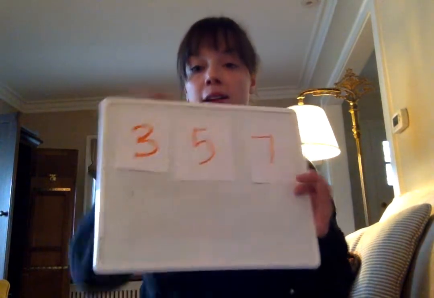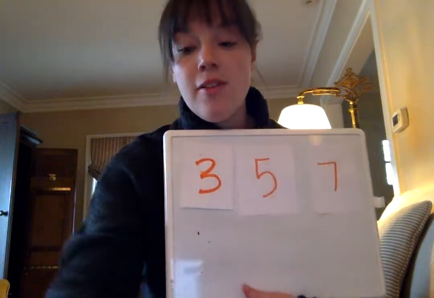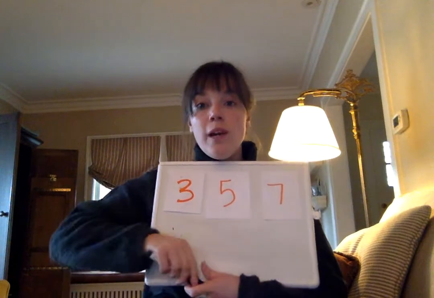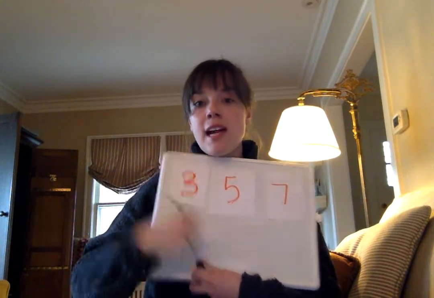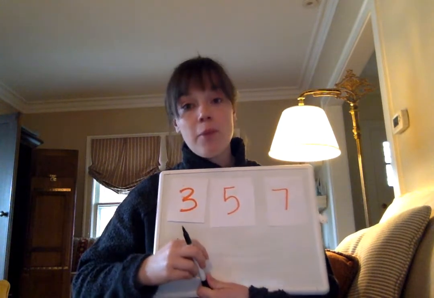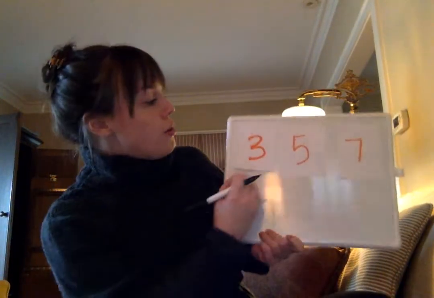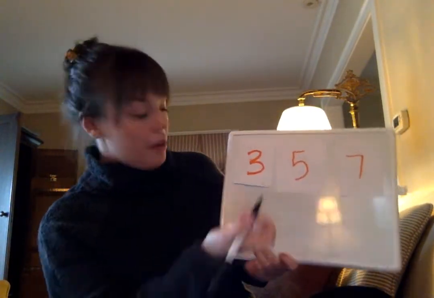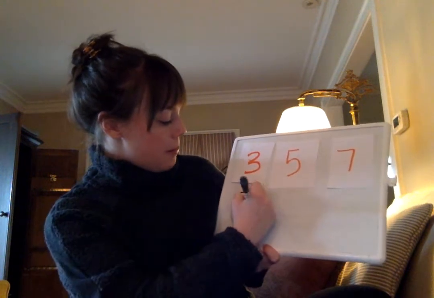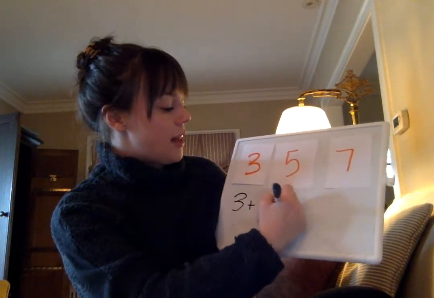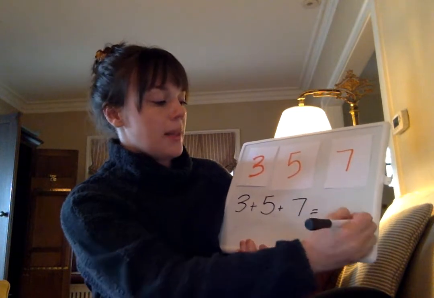So now I have my 3 parts of this problem, and we just listened to the language in the problem and decided that this is an addition word problem. So we're going to write an addition number sentence with 3 parts. So the way I have the numbers laid out right now, I'm going to do 3 plus 5 plus 7 equals blank.